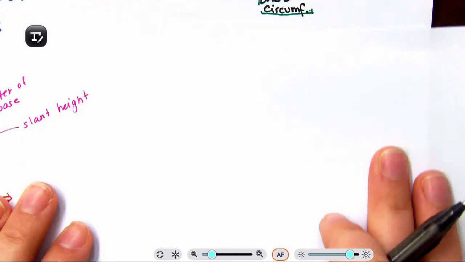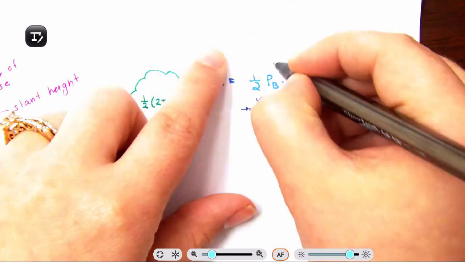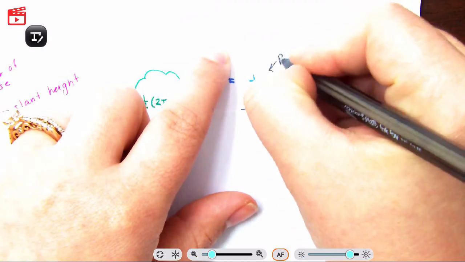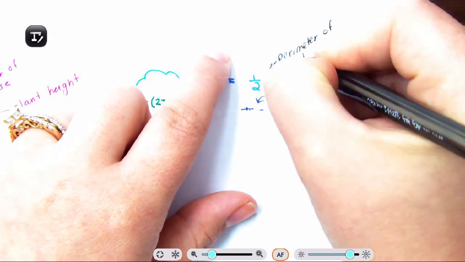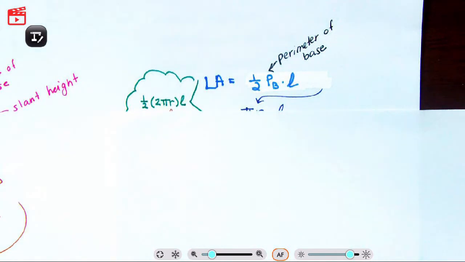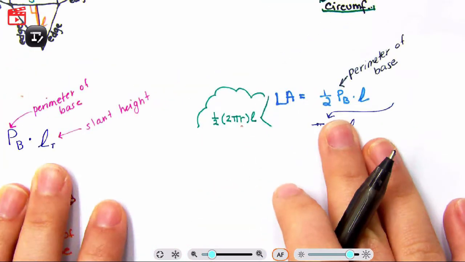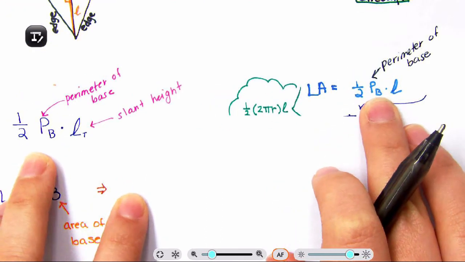Top formulas, here it is. We want the 1/2 times the perimeter of the base. And then you can kind of see why we chose to do pyramids and cones together, because the formulas are exactly the same, kind of. So we have 1/2 times the perimeter of the base times the slant height.